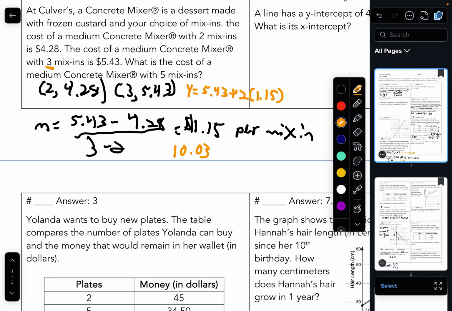For some reason I'm a little nervous about that number, like I might have made a mistake. What's the amount? $1.15 per mix-in.